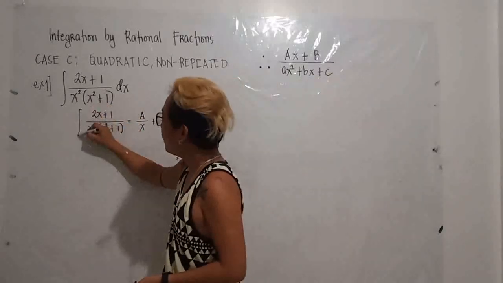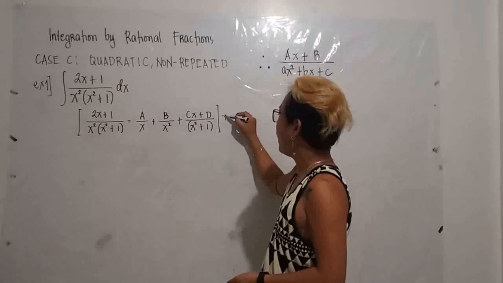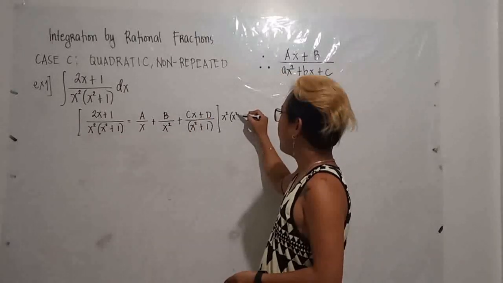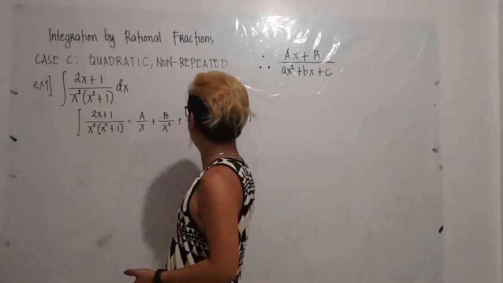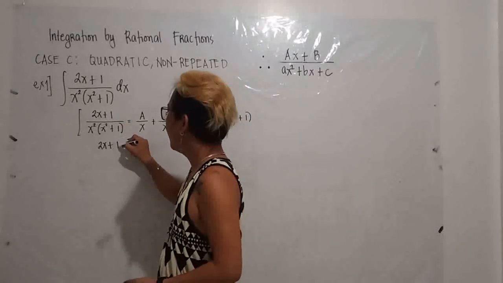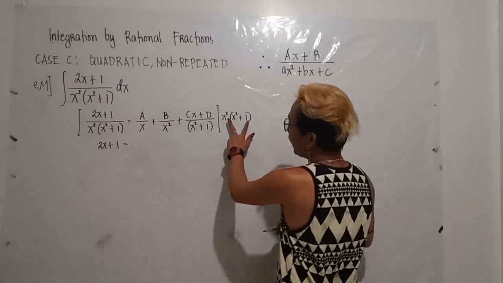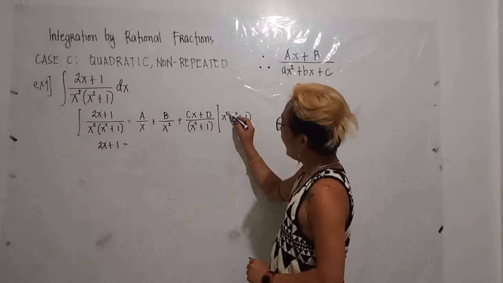So simplifying this equation by multiplying it to the denominator, which is x squared, then x squared plus 1, you will now have an equation of, multiply this to this side, you will now have 2x plus 1. Then multiply this to the first term, makakancel yung isang x.